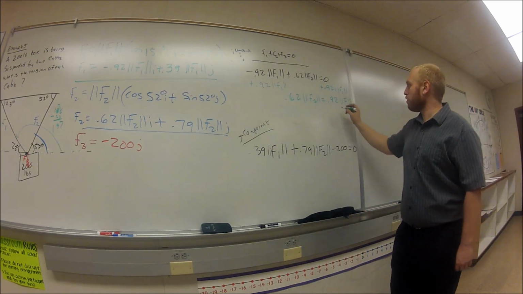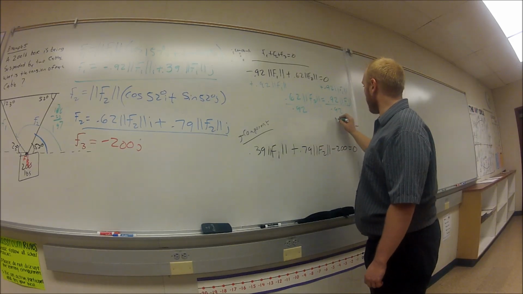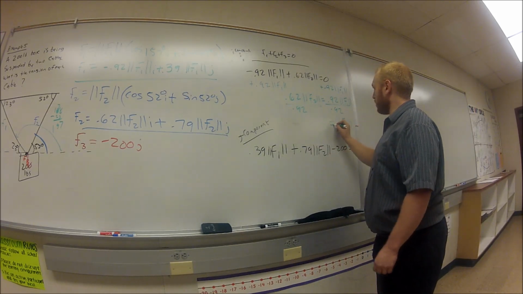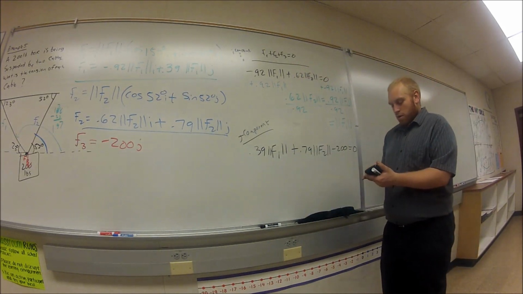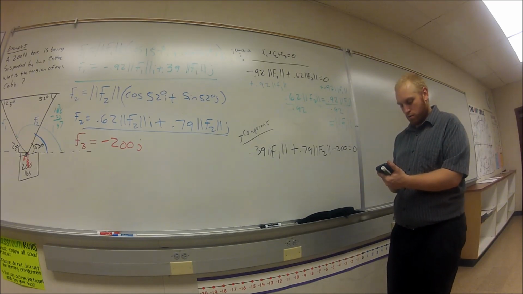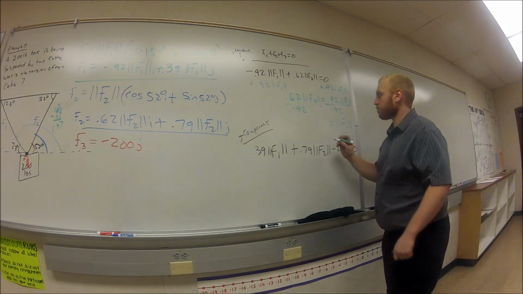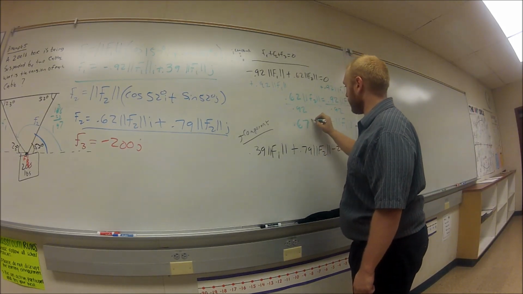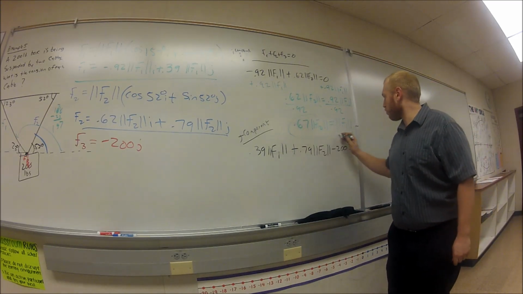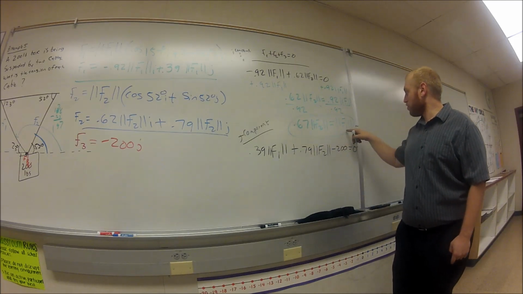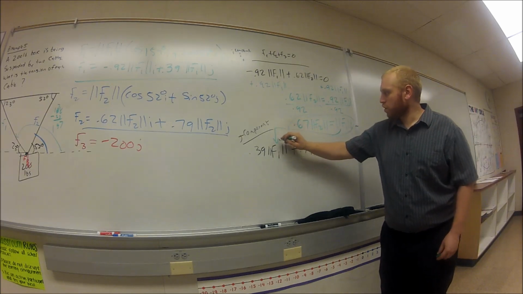And let's solve for the magnitude of F1. So 0.92 divided by 0.92, and you will get that the magnitude of F1 is equal to 0.67 times the magnitude of F2. And this is the substitution we need down here. Notice the magnitude of F1 equals something with the magnitude of F2. So that's going to go right there.